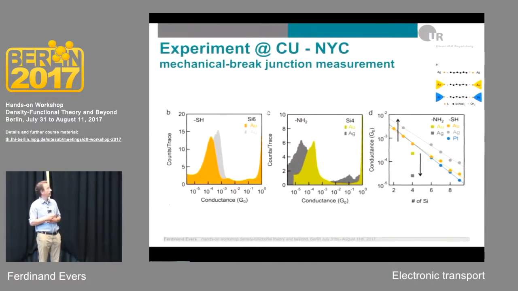And you see that with the sulfur linkers, the gold transmission on average is significantly lower than the silver transmission. However, if you change the linker group and no longer glue the molecule with sulfur, but you now glue it with these amino groups, then somehow the trend is reversed. So then gold has a larger transmission as compared to silver, and we wanted to say something about this.